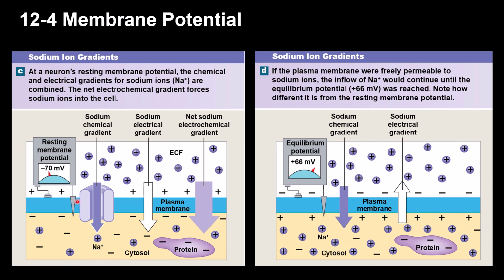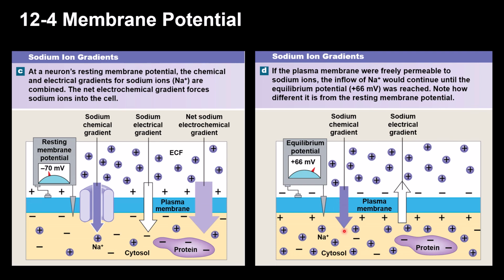If these channels are not there, and you allow these ions to enter or leave the cell, okay? So a lot of sodium that were outside of the cell now try to enter the cell.